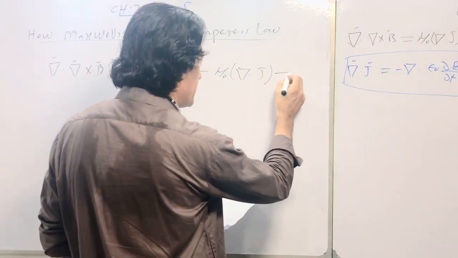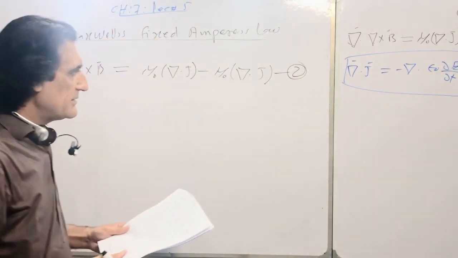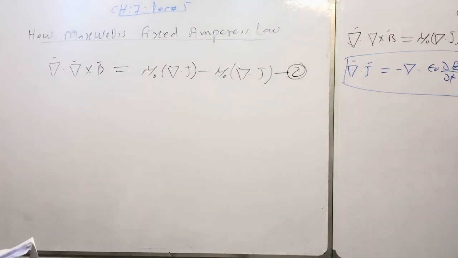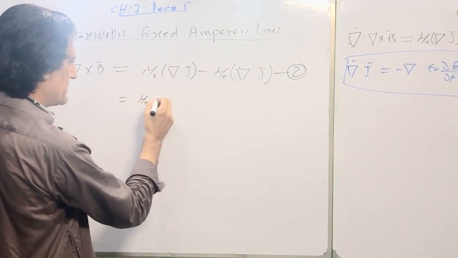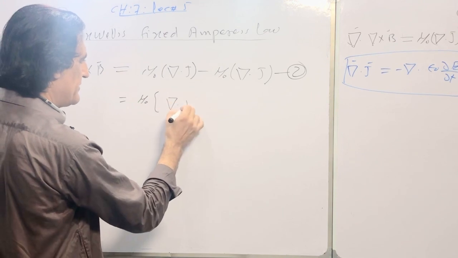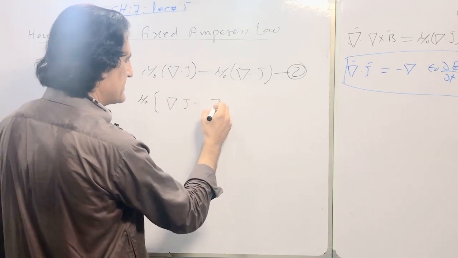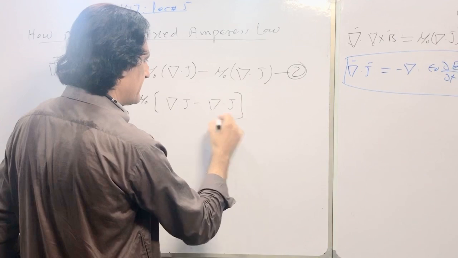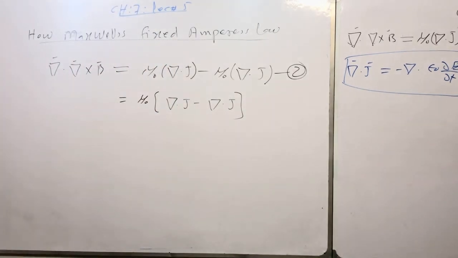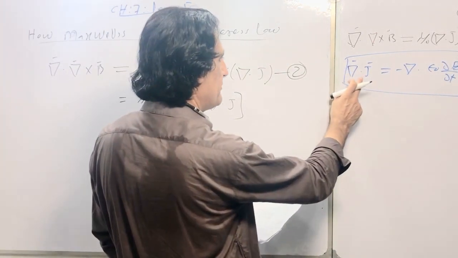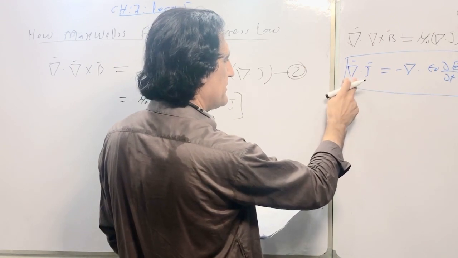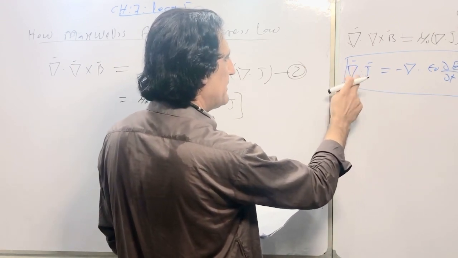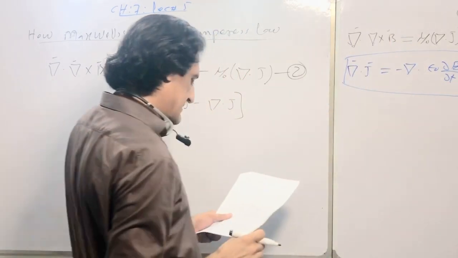Now I label this as equation 2. Further, let me take mu naught as a common factor, minus del dot J. From this equation that we have derived from the continuity equation, del dot J is equal to this.